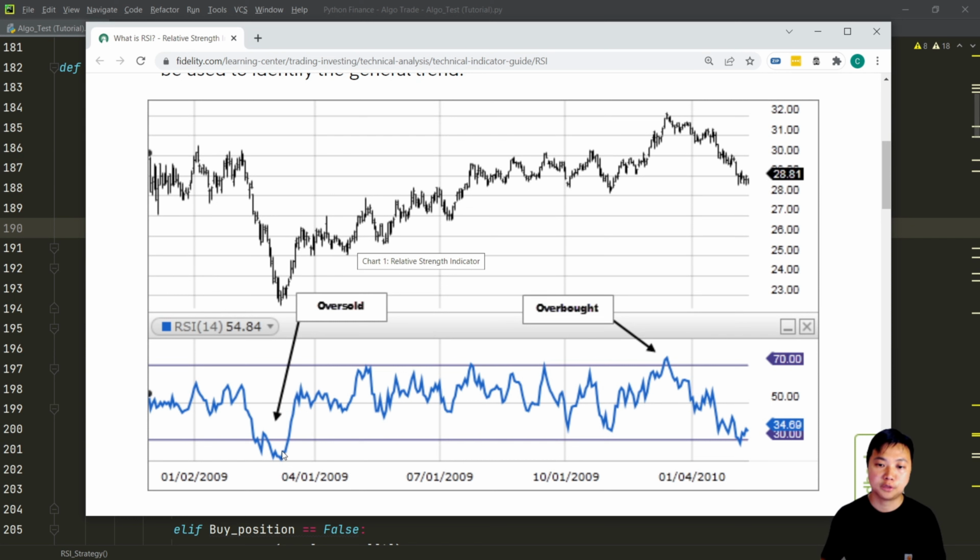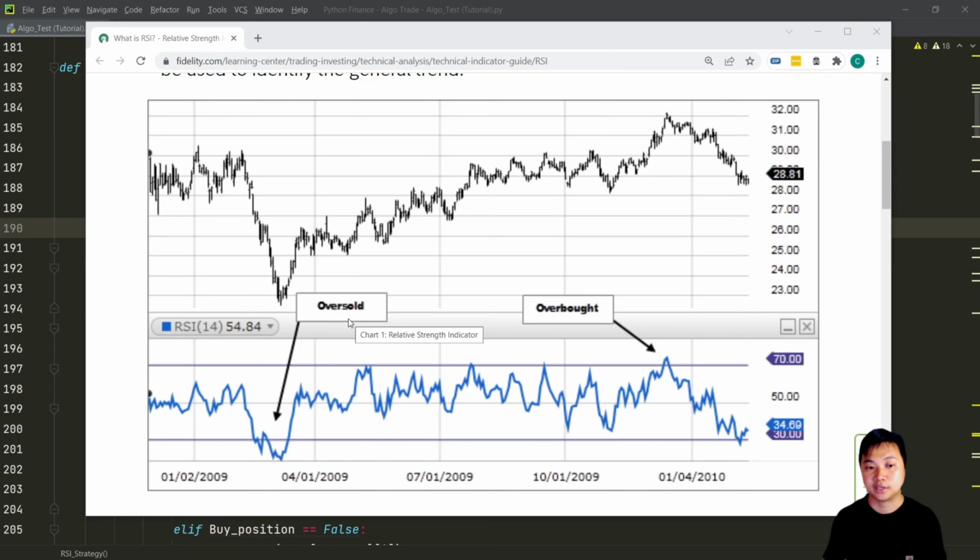Just like what I mentioned before, when the value of RSI is below 30, there's an oversold situation, and when the value is over 70, there's an overbought situation, and in that case we would like to have an entry point for each of the zones.